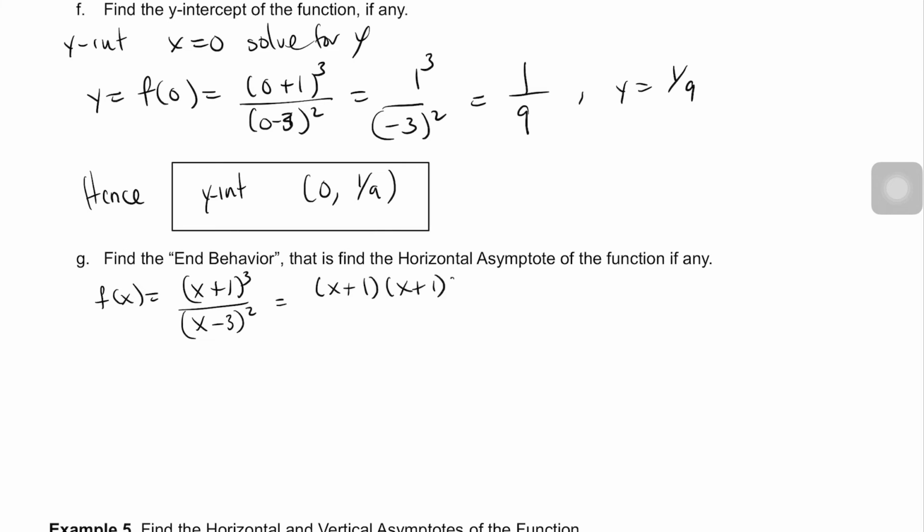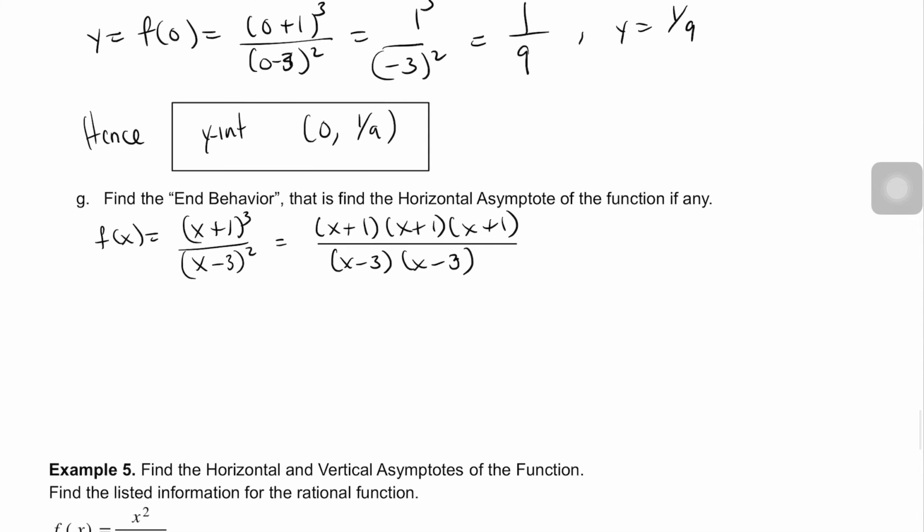And of course, we're going to try the limit again. But for that, we need to consider simplifying as much as we can, though we don't have to simplify completely, because all we're looking for is the behavior of the function. And that behavior will be determined by the leading coefficient of the numerator and the leading coefficient of the denominator.